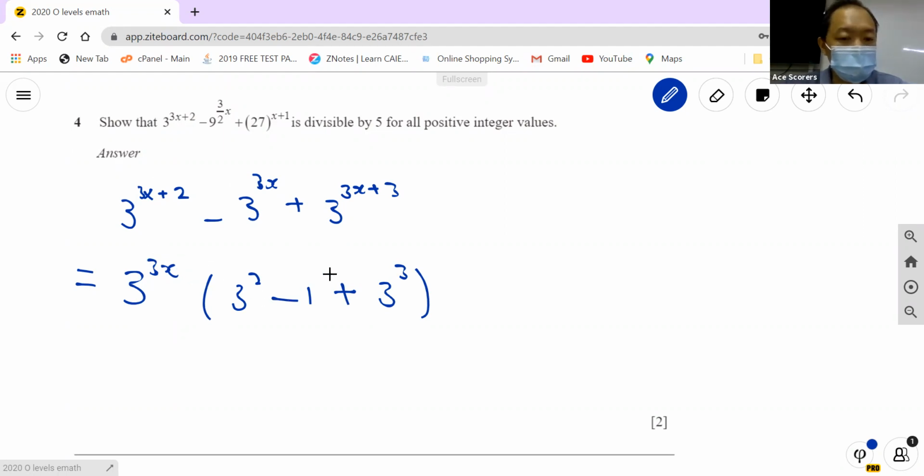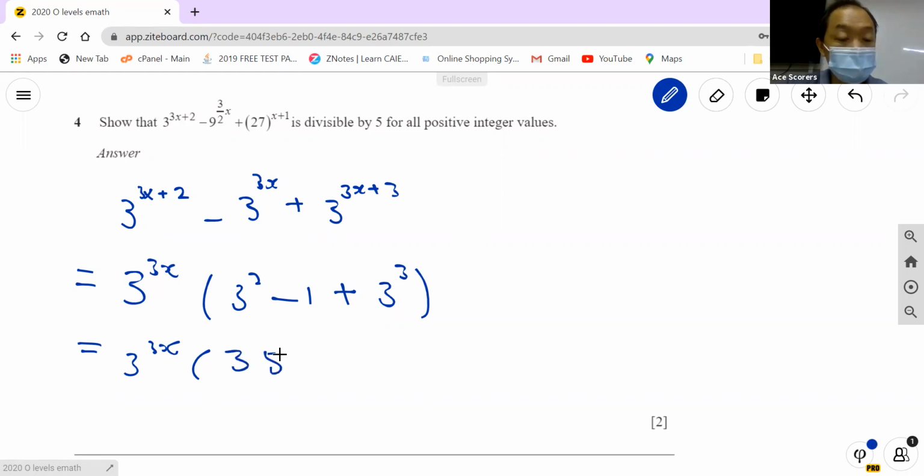Then 3 squared is 9, 9 minus 1 is 8, plus 27. 8 plus 27 is 35.